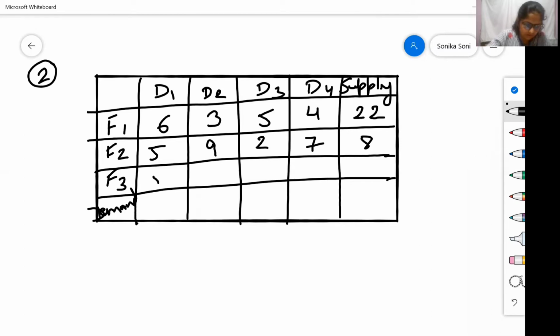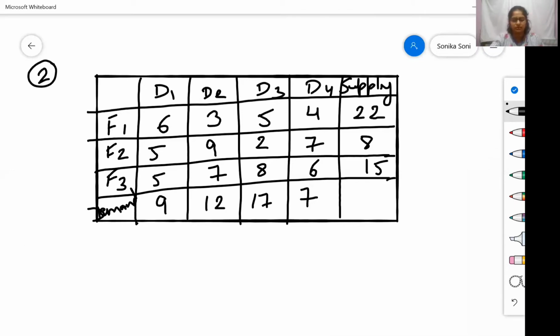In F3 D1 we have 5, in F3 D2 we have 7, in F3 D3 we have 8 and in F3 D4 we have 6, and supply is 15. Now we have demand as 9, 12, 17 and 7.